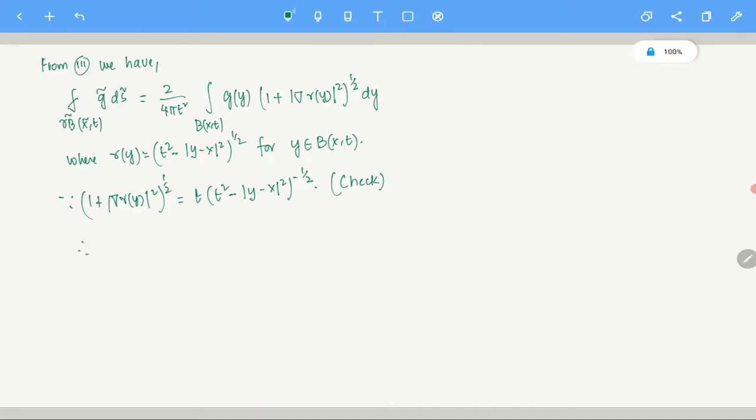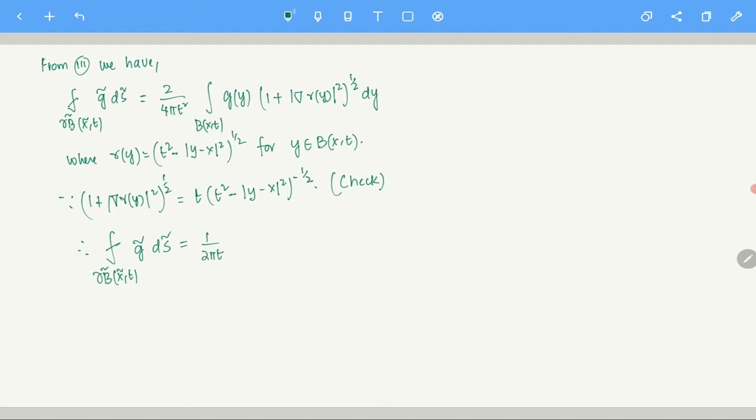So therefore what we have is the average of g tilde on this b tilde x tilde t, g tilde ds tilde. This is given by 1 by 2 pi t, right?